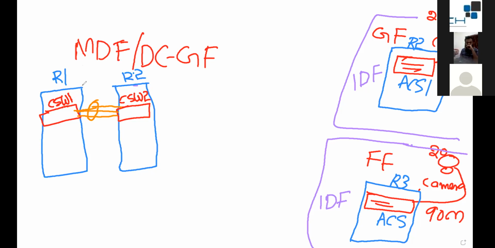This connectivity between them we call a stack. Most of the terminology is new for you. Hope you may understand, but if you didn't understand in one shot, we can have a discussion again and again. Okay. Why do we recommend 2 core switches? Always we keep dual switches for redundancy purposes.